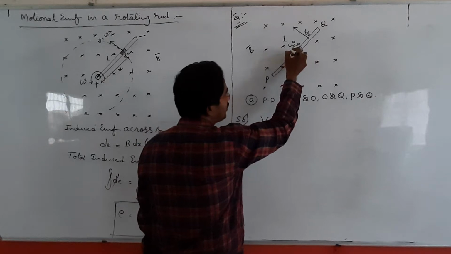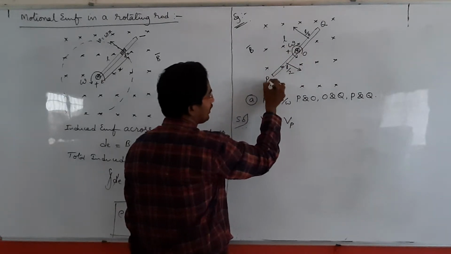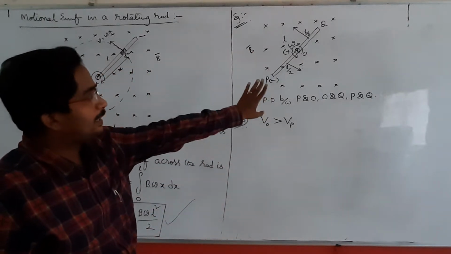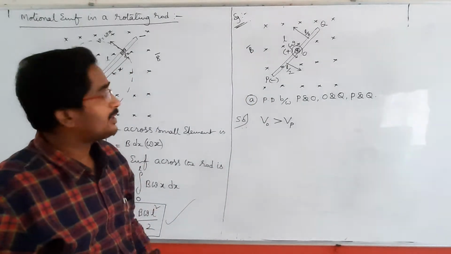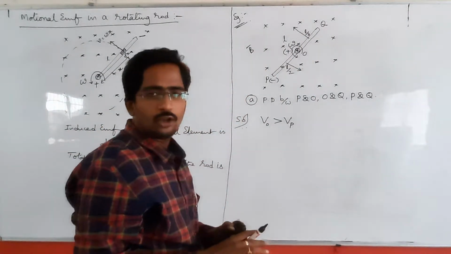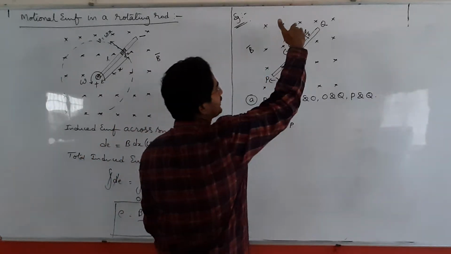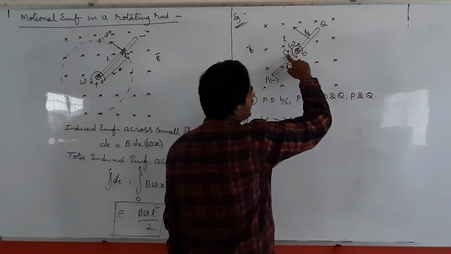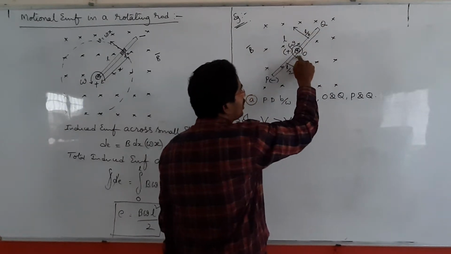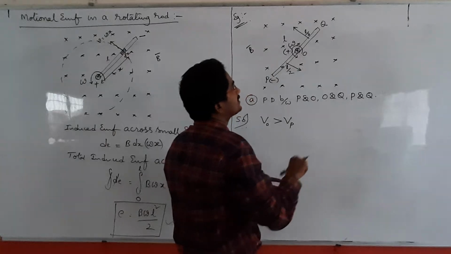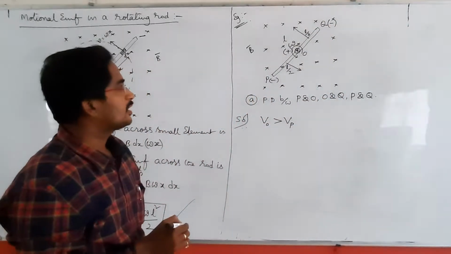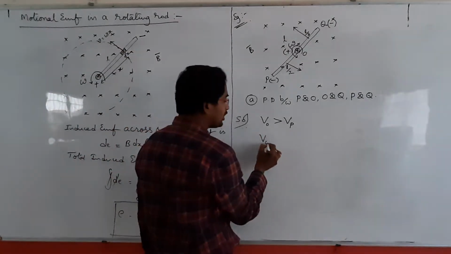Similarly, O is at high potential and Q is at low potential, so VO is greater than VQ.